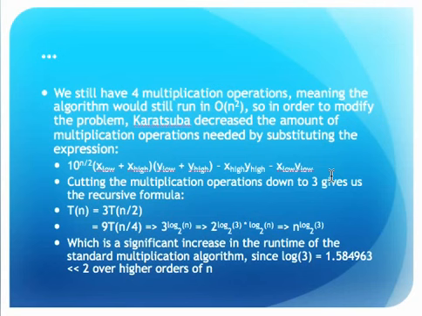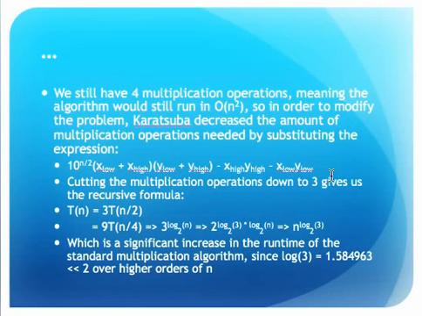So, for example, what if we did, as you can see, 10 to the n over 2 times (x low plus x high) times (y low plus y high)? Those two addition operations are simple additions. Then we multiply those sums together, and those sums give us this other long operation.